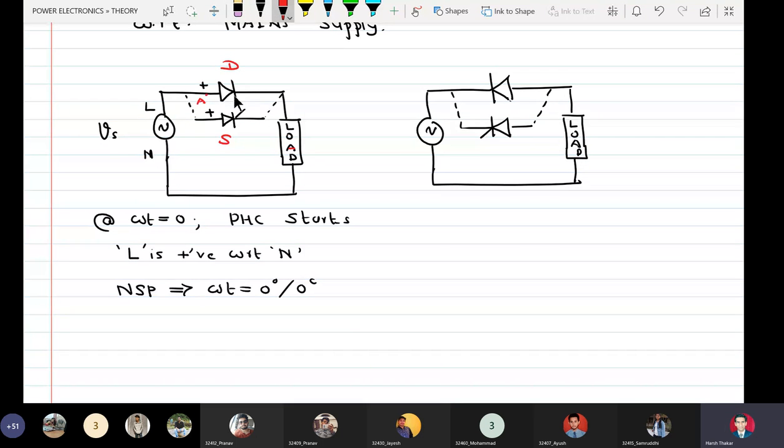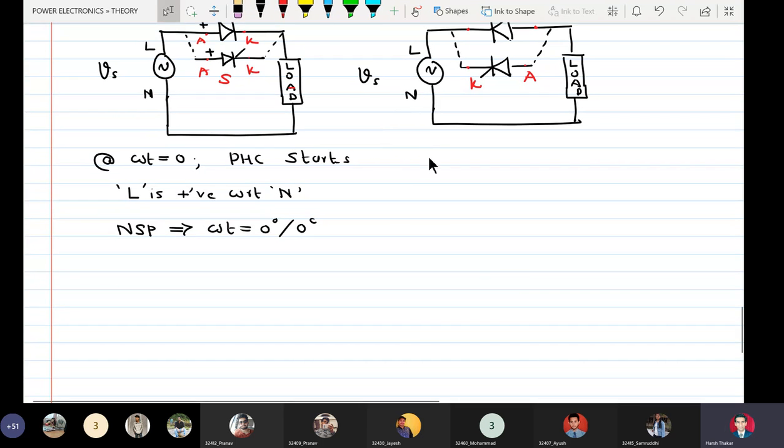So here this is anode, cathode, anode and cathode. Similarly, cathode of diode, anode of diode, anode of SCR, cathode of SCR. Supply voltage Vs, line, neutral.